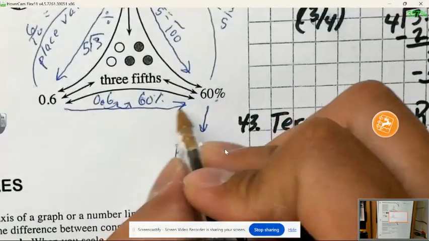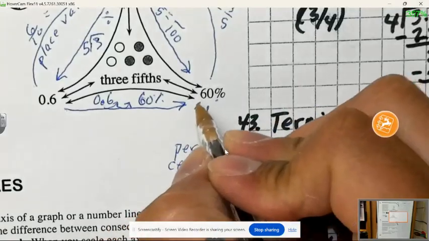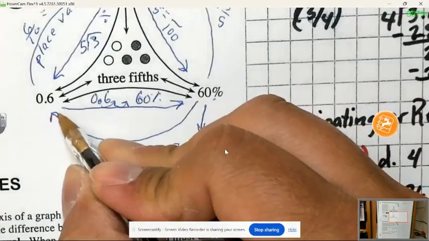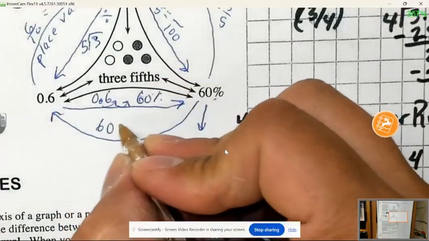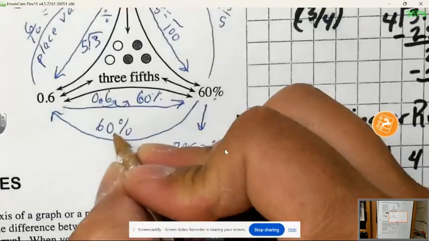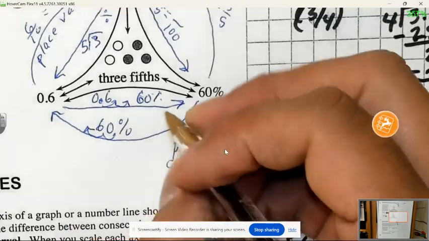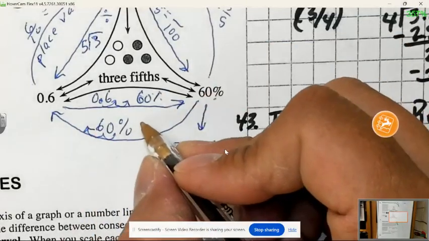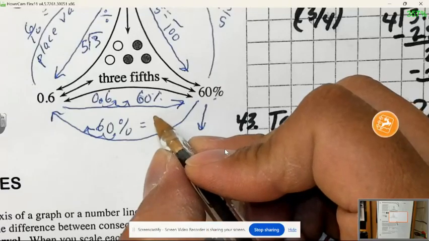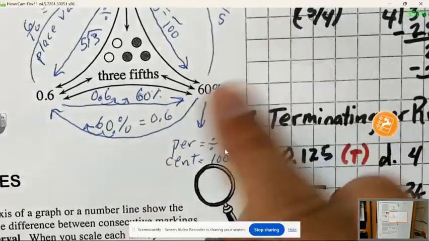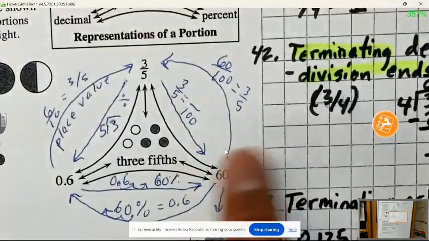And if we are going from 60% and we want to find out what is that as a decimal, well, 60%, there's the decimal right there, 60. We move it twice to the left, so that equals 0.6.